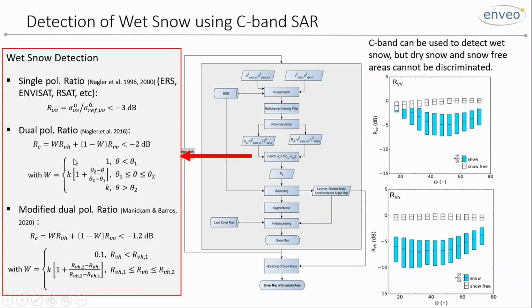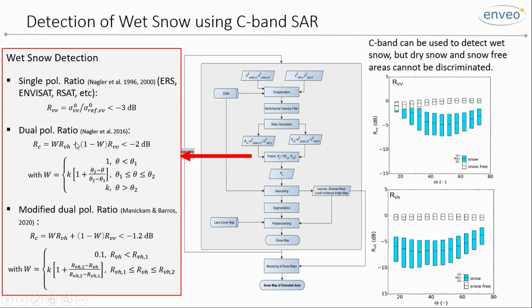Afterwards, we are weighting the VV, so with increasing incidence angle, the VV takes more and more part. And at the end, at very high incidence angle, the VV is a little bit better, because the VH could be going towards the noise of the system. This is a kind of combination that is done here.